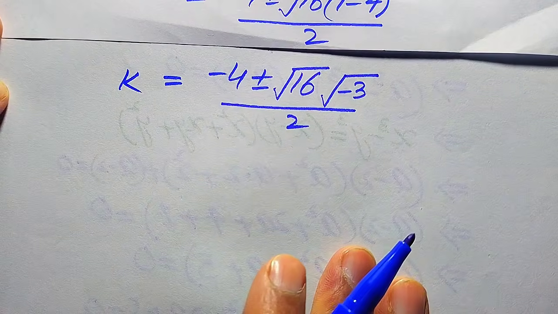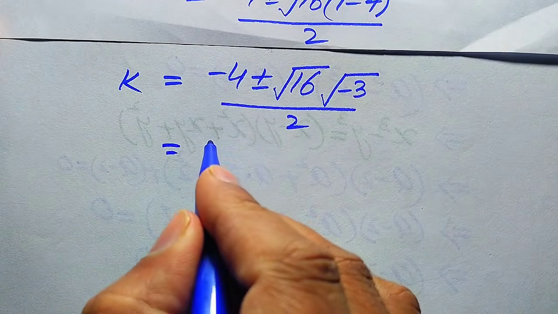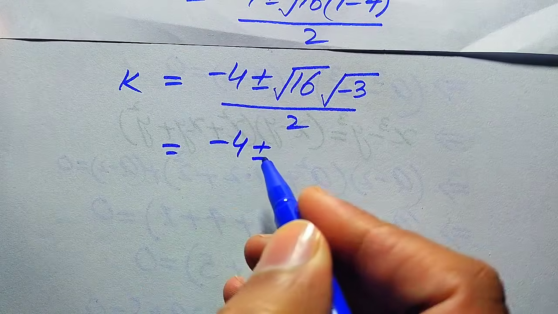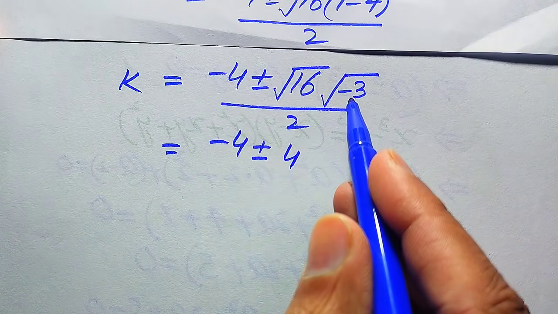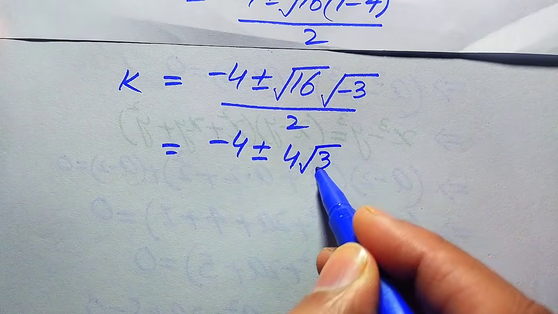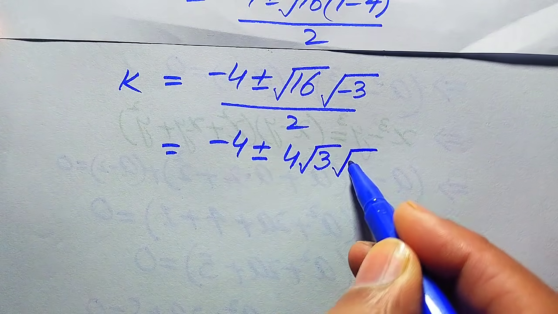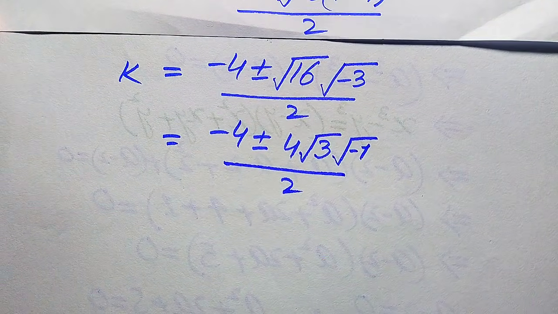Further we need more simplifications: minus 4 plus minus, we know that the square root of 16 becomes 4, and we apply the square root separately on the square root of 3 and the square root of minus 1, divided by 2.